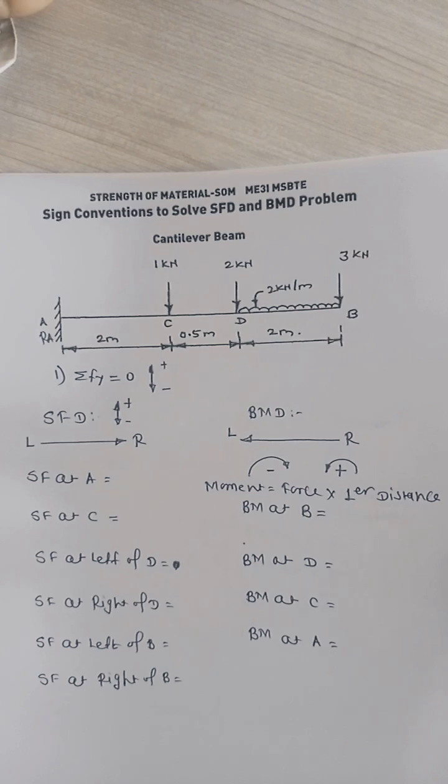If there is no UDL in the beam, then use the simple sequence, as I already told in the simply supported beam and the overhanging beam.